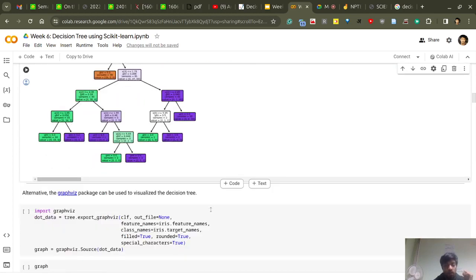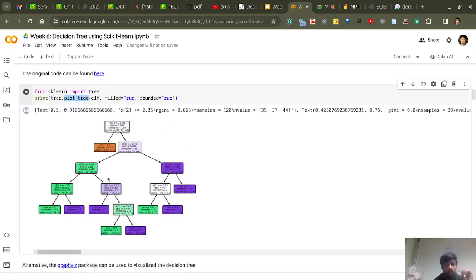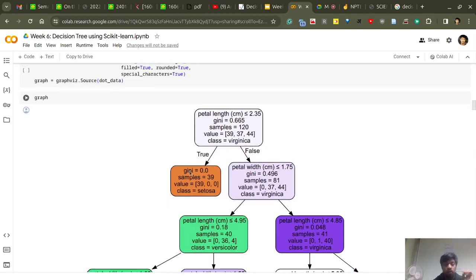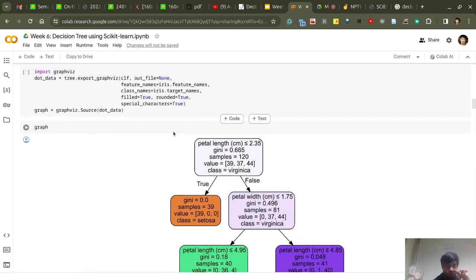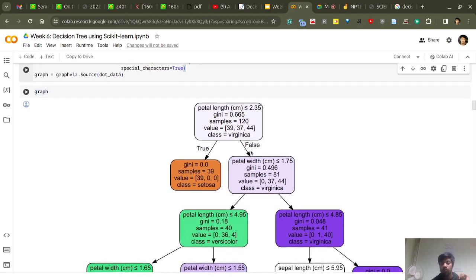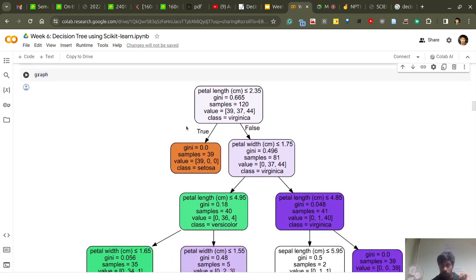This is not properly visible here, so you can also do this. Suppose you have trained the model and you get a decision tree. We say that a decision tree is interpretable, but how exactly do we visualize it? So this is the condition here.